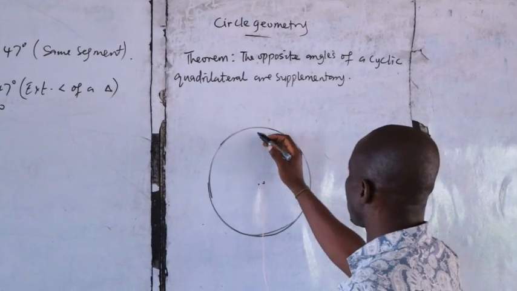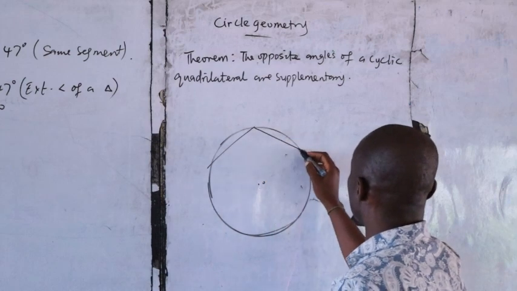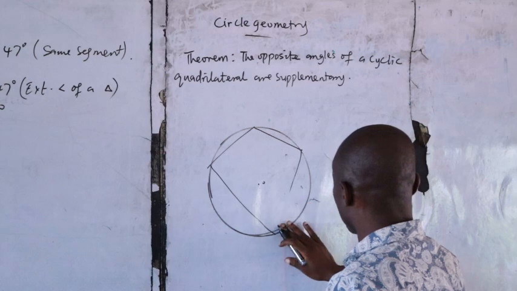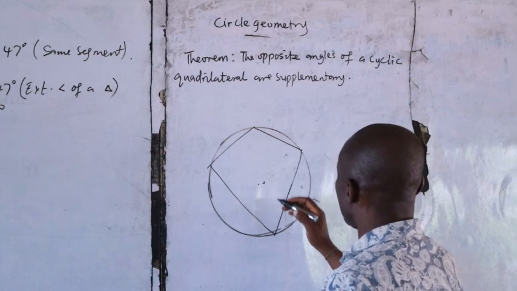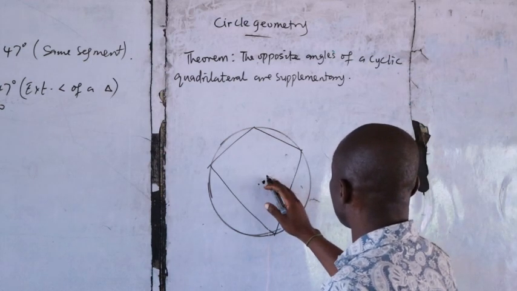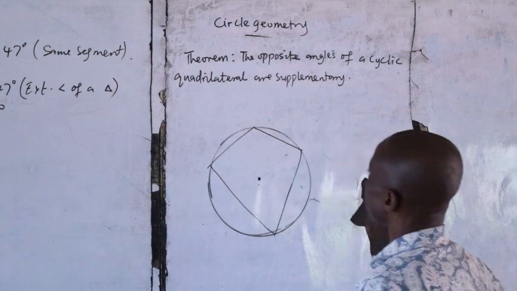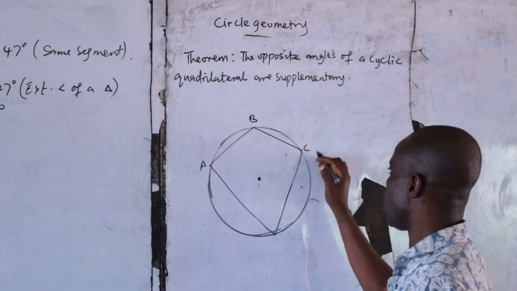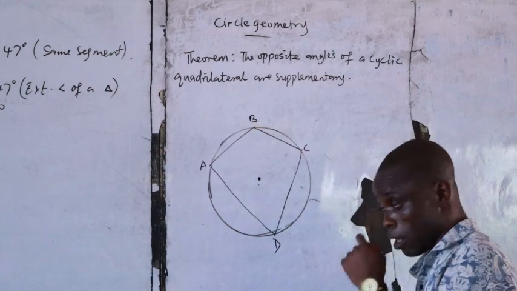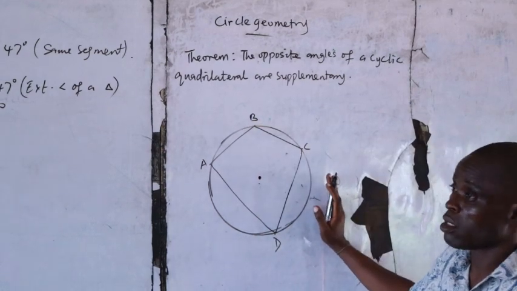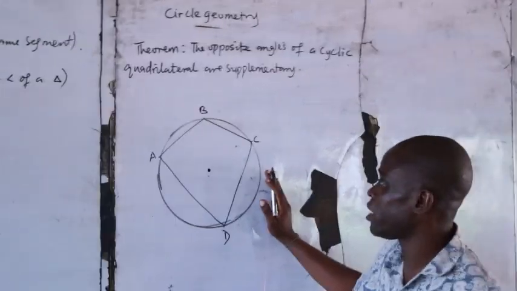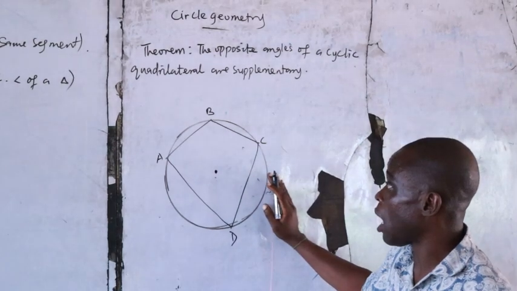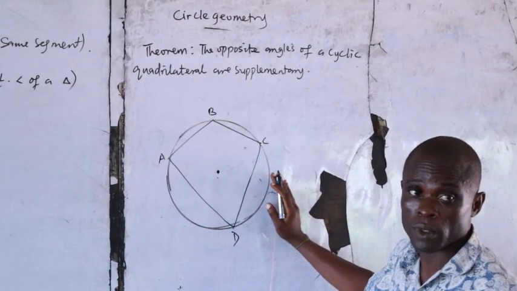This is the cyclic quadrilateral. Let's label these as A, B, C, D. This is called a cyclic quadrilateral because all the vertices of the quadrilateral are on the circumference of the circle.